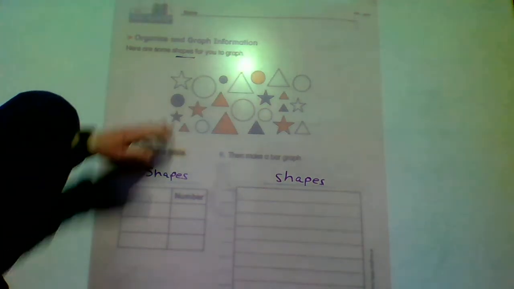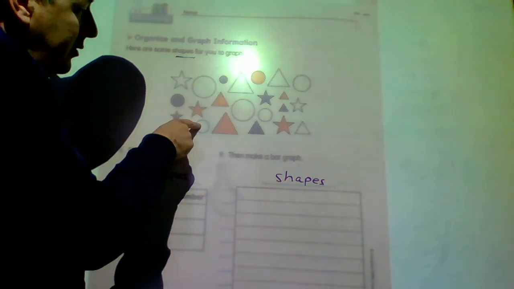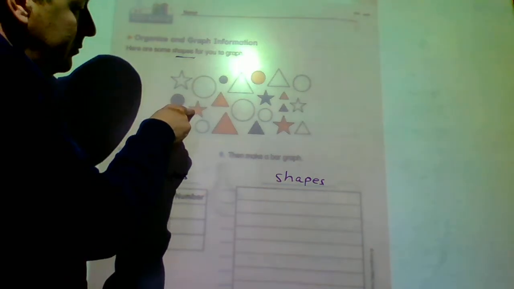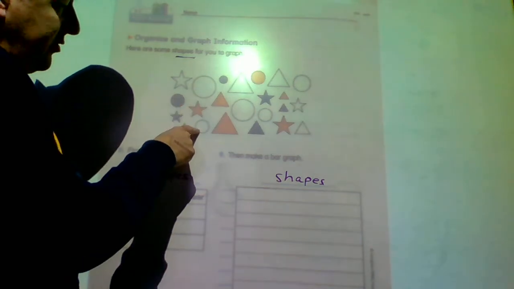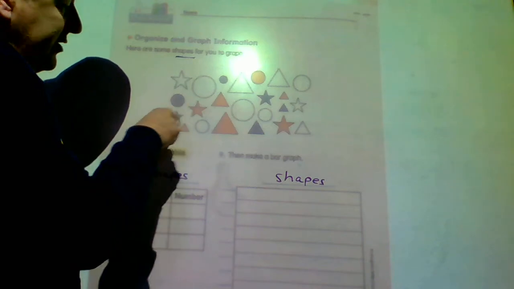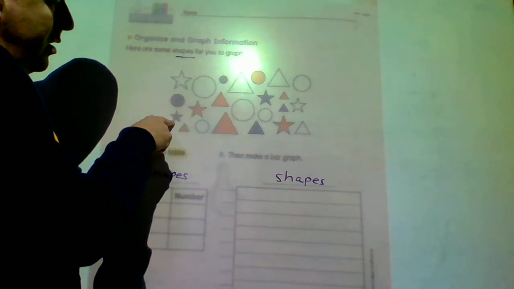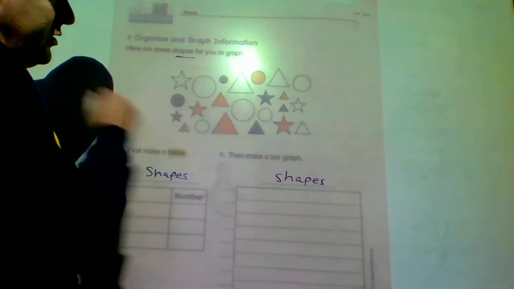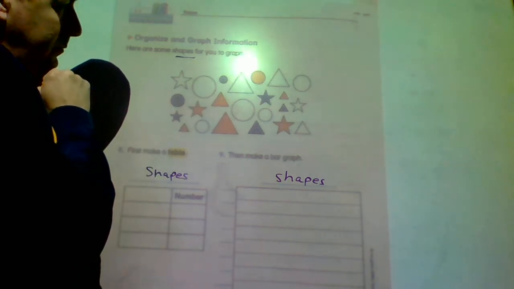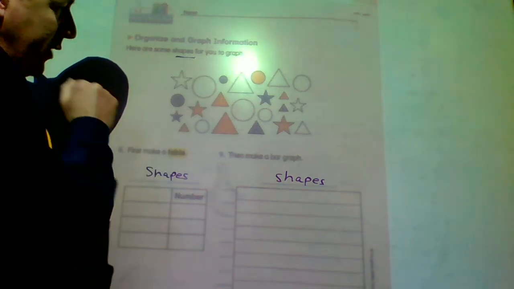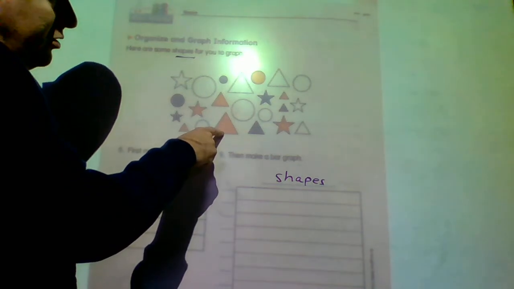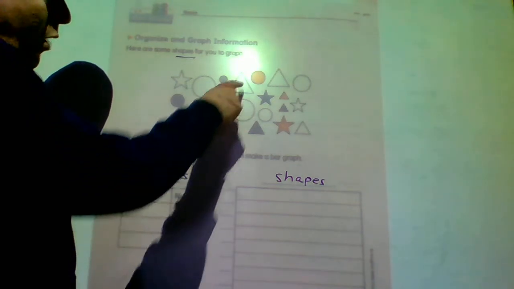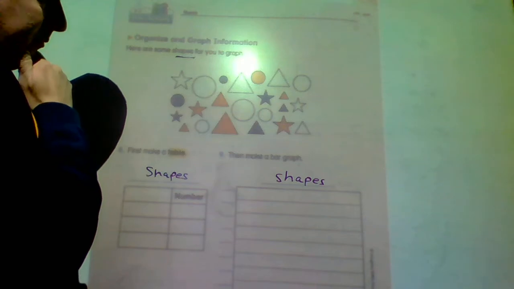So look at our different shapes. We have some circles. We have blue circles and white circles. We have red stars, blue stars, white stars. And then we have triangles. We have red triangles, white triangles.